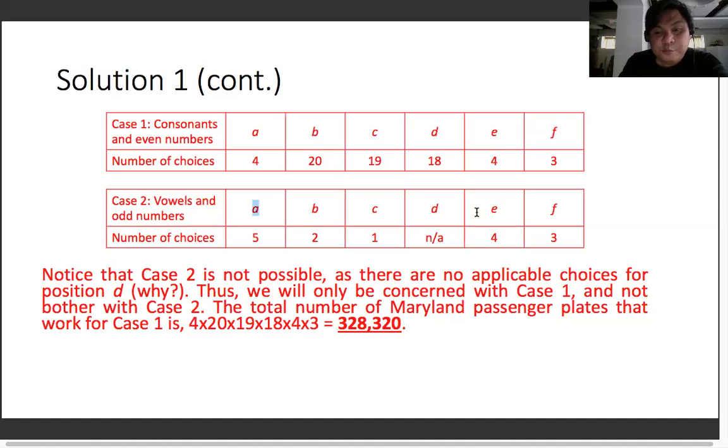Now, as you go to position E, you lose 1 odd digit, so the number of odd digits you can choose becomes only 4, because you've already chosen 1 for position A. As you go to position F, you lose another odd digit, so it only becomes 3.